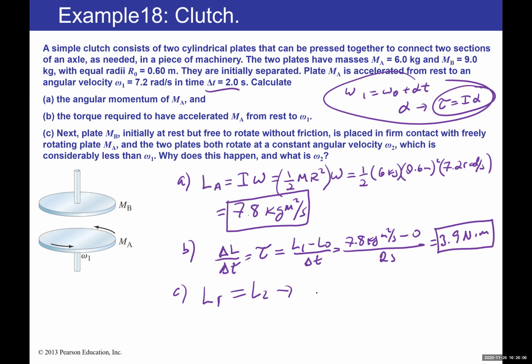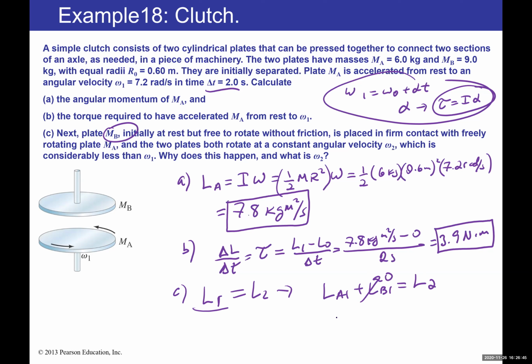So LA1 plus LB1 equals L of the system at a later time. But LB1 is 0 because plate MB was initially at rest, so it didn't have any angular momentum at the instant when they collided.